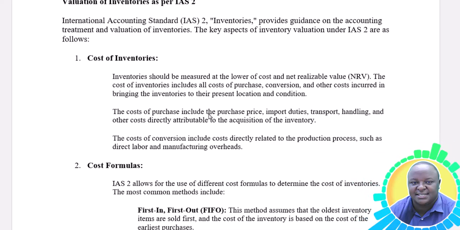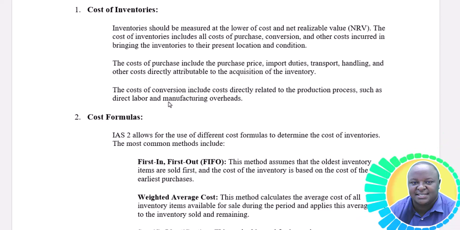So the cost of purchase includes the purchase price, import duties, transport, handling, and other costs directly attributed to the acquisition of the inventories. And the cost of conversion includes costs directly related to the production process, such as direct labor, manufacturing overheads, and all those.